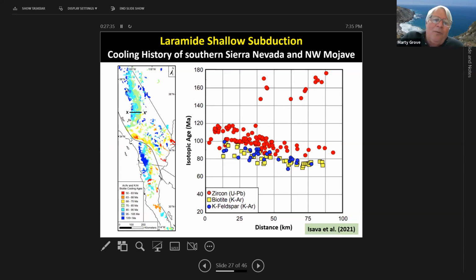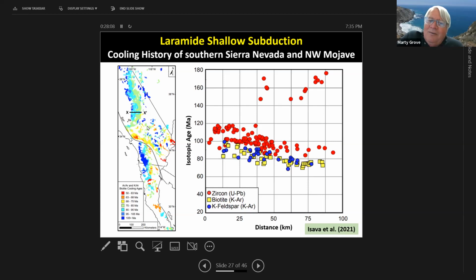You can see both the Peninsula Ranges batholith and the Sierra Nevada batholith have a strong age zonation in terms of biotite cooling ages, from ages approaching 100 million years down to 90 in the west, and much younger ages down into the 70s, and in the case of the Peninsula Ranges, even into the high 60s in the east.